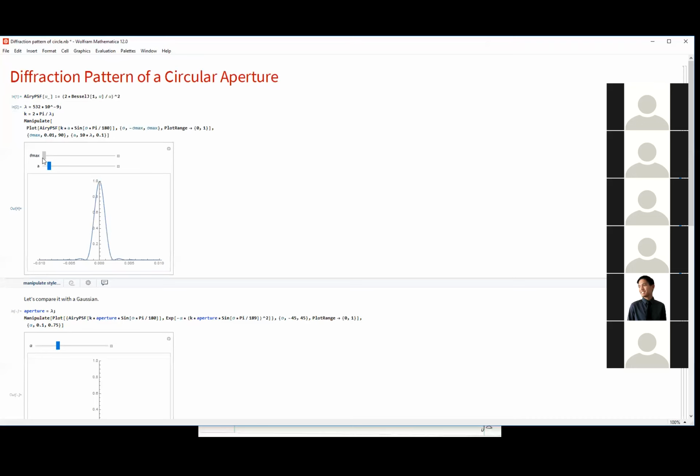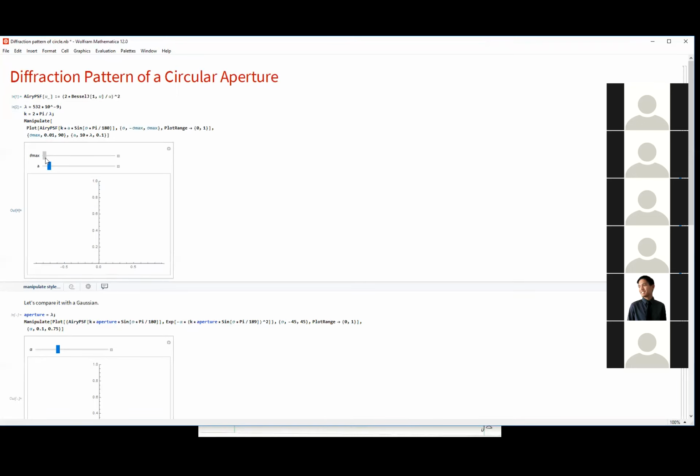What I want you to notice is that this is, in technical terms, freaking tiny. This is a really, really narrow plot. You have to pick a very, very small aperture to see anything at any sort of angle that we could begin to measure.